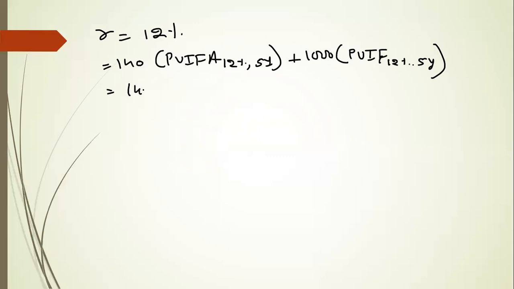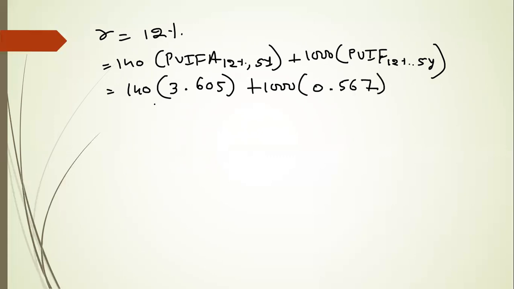So 140 into this value, I will get it from the table, that is 12% for 5 years from the present value interest factor annuity. So I get the value 3.605, plus 1000. Again, I will refer to the table here. By referring to the table, we get 0.567.